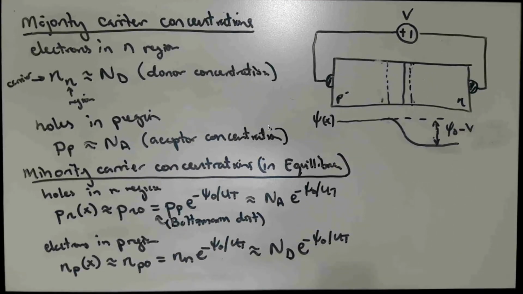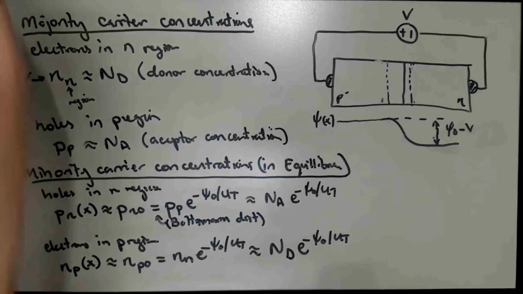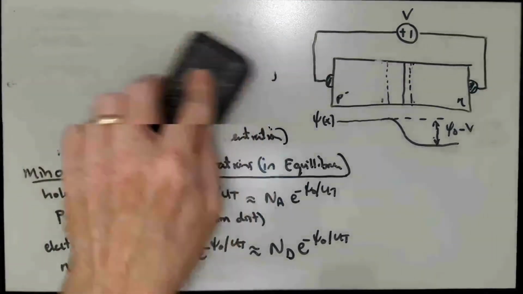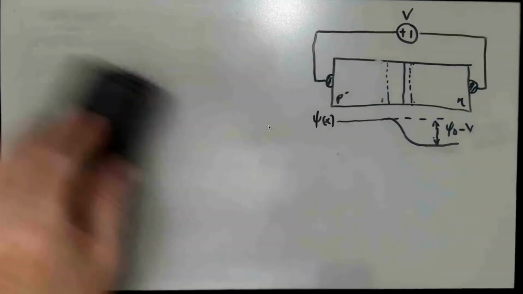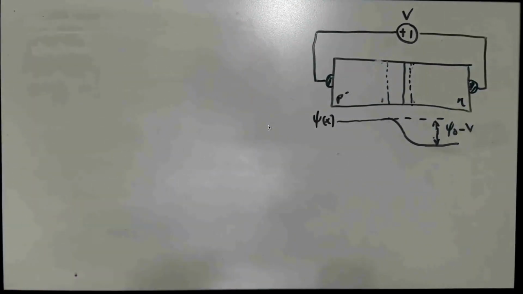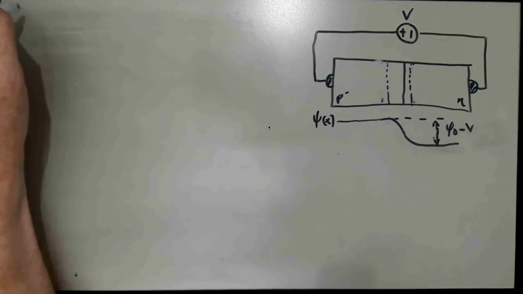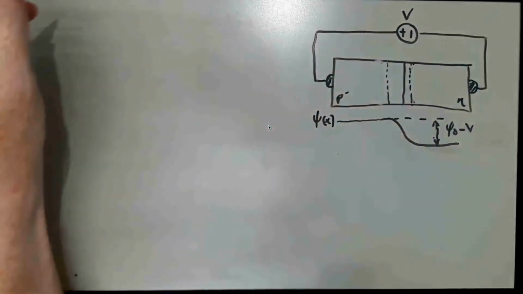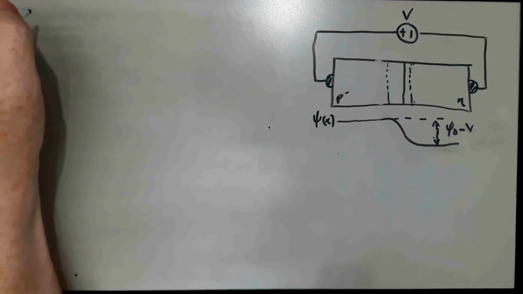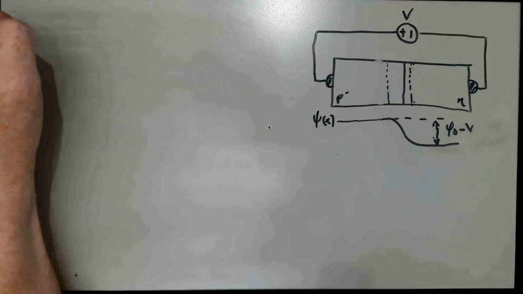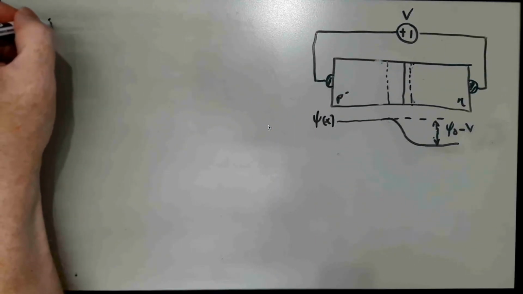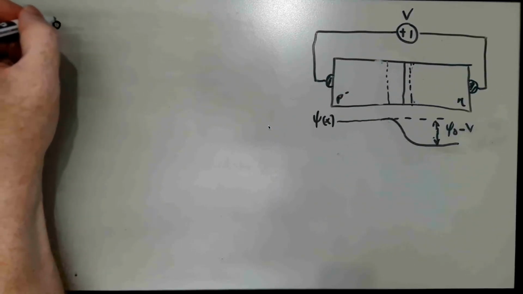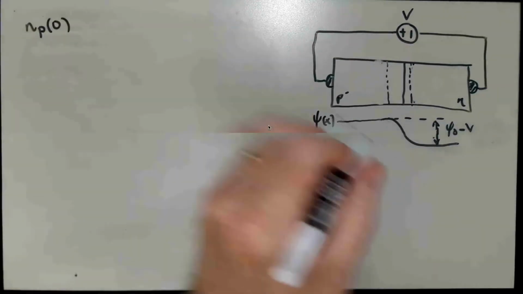And so what we're going to find is, let's think about the N sub P at the edge of, so let's plot this.